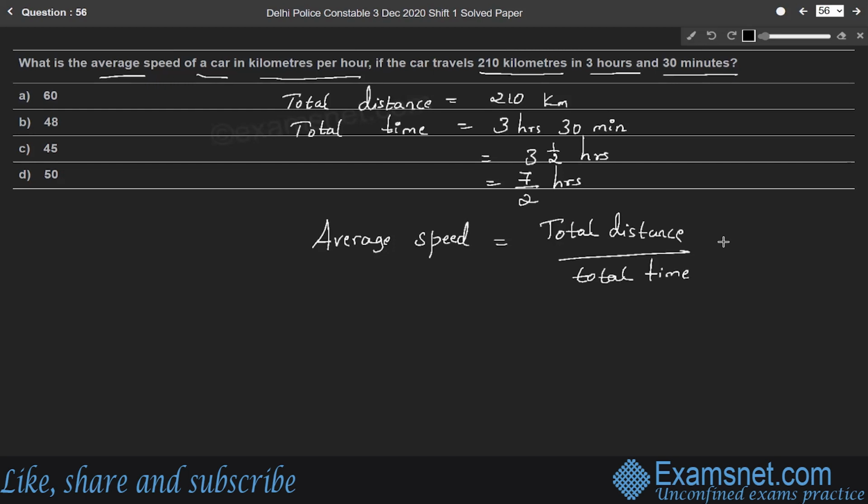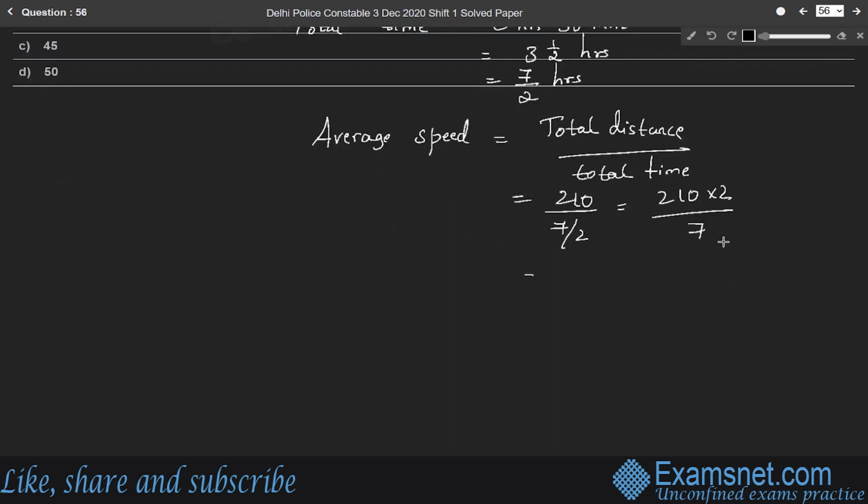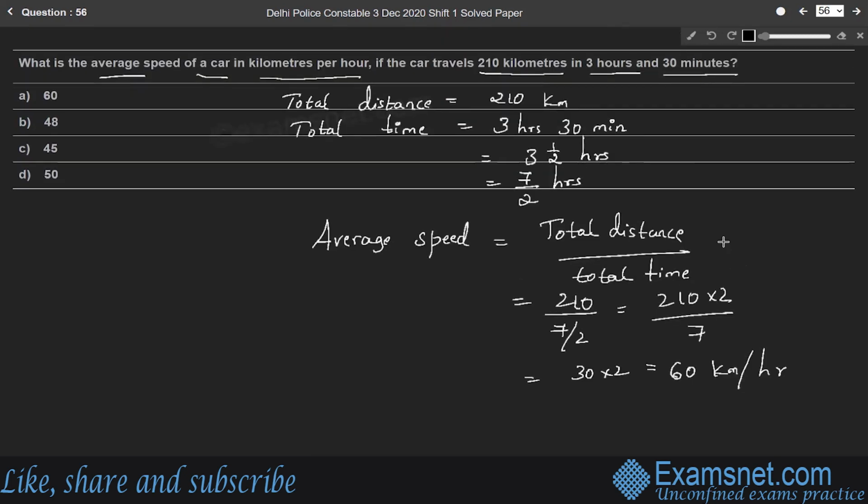So total distance is 210 kilometers, whereas total time is 7 by 2, which is 210 into 2 by 7, which is 30 into 2, 60 kilometer per hour. Therefore, average speed is 60 km per hour. Hence, option A is the right answer.